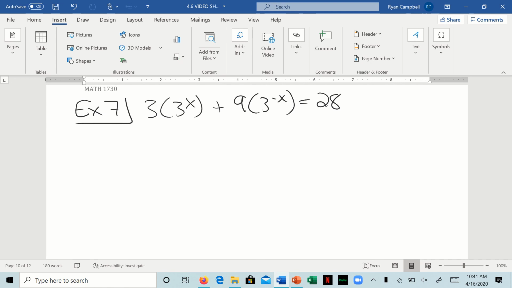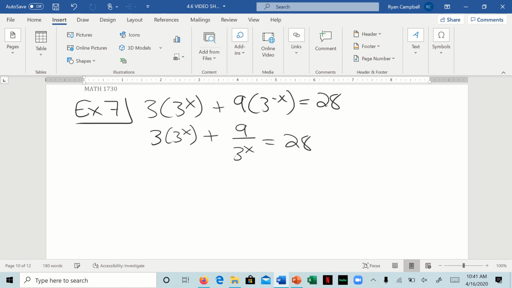All right. So there's a couple things we can do here. One is negative exponents suck, so get rid of them. So we can see this is 3 times 3 to the x plus 9 over 3 to the x equals 28.